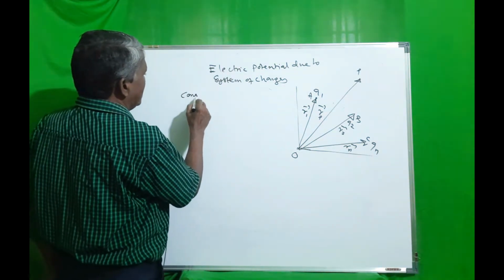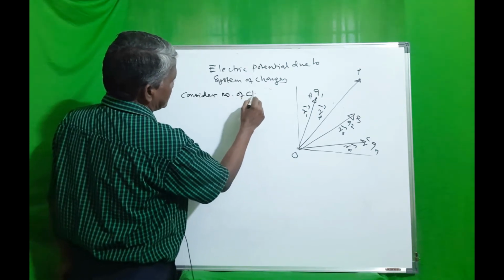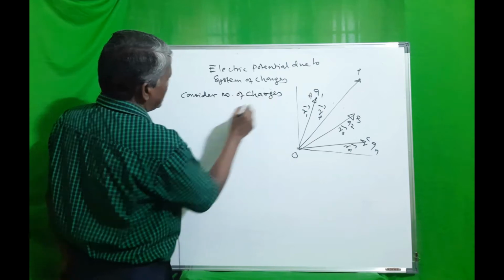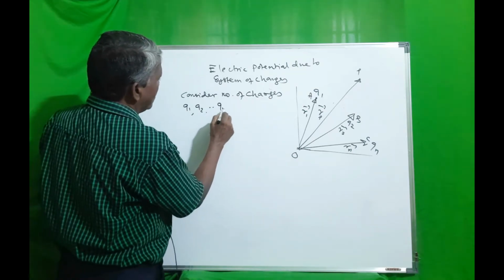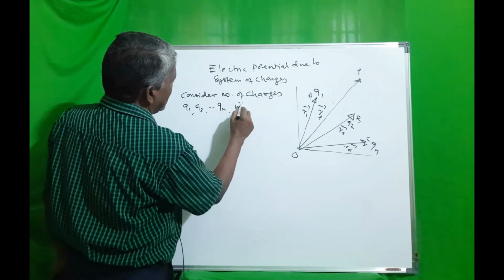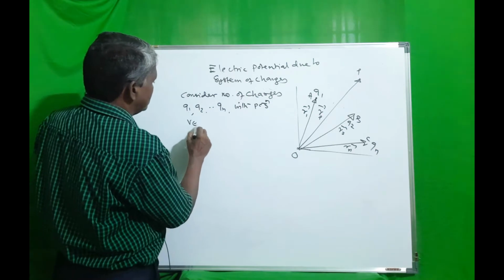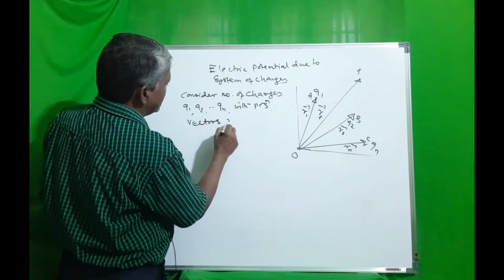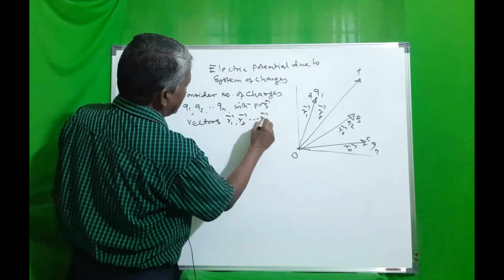We have to find electric potential at this point due to a number of charges. Consider charges q1, q2 dot qn with position vectors r1, r2 dot rn.